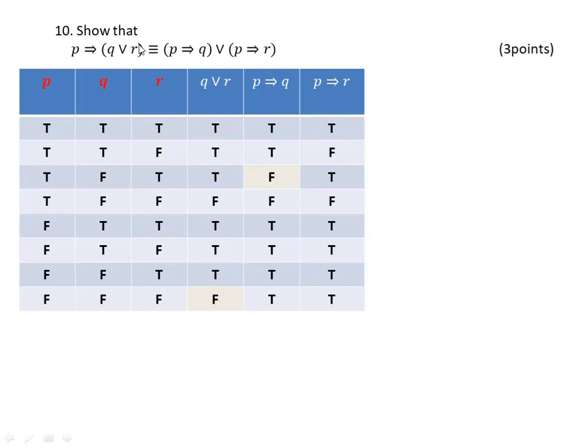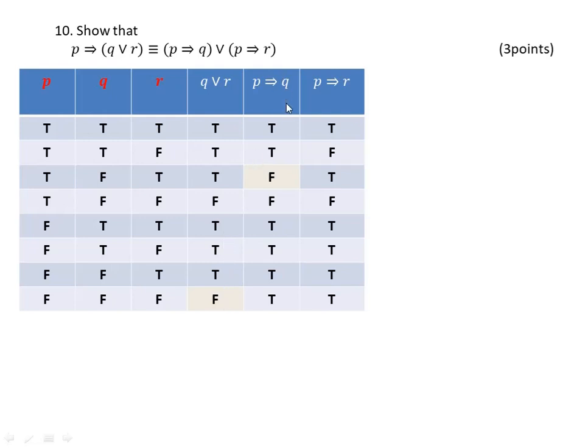Then we can determine the truth value for the compound proposition in the bracket, Q or R. Q or R is false only if both Q and R are false, otherwise true. Therefore, Q or R has truth values true, true, true, false, true, true, true, false.